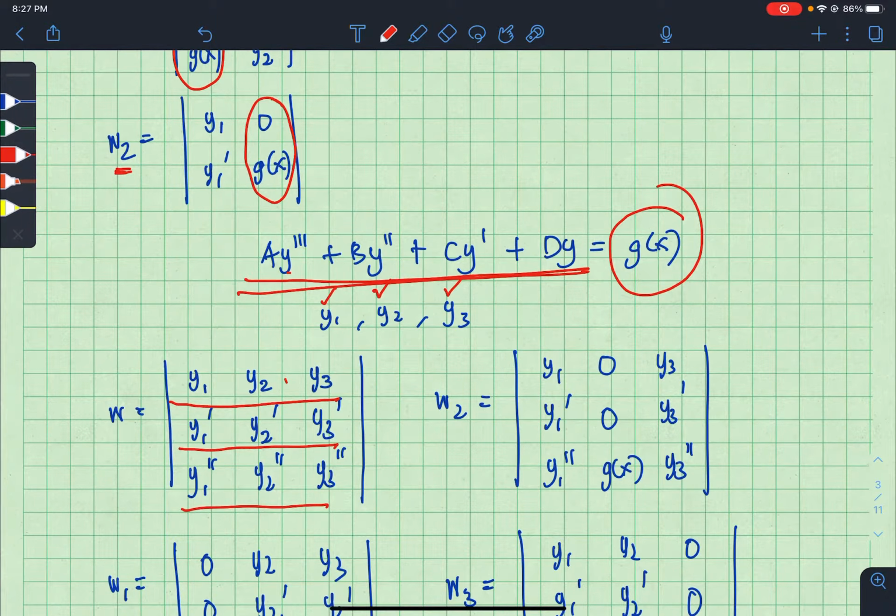However, this is an IVP problem. So initially when x is 0, y is 1. So we can substitute. So 1 equals c3 e raised to 0. Okay, so e raised to 0 is 1.